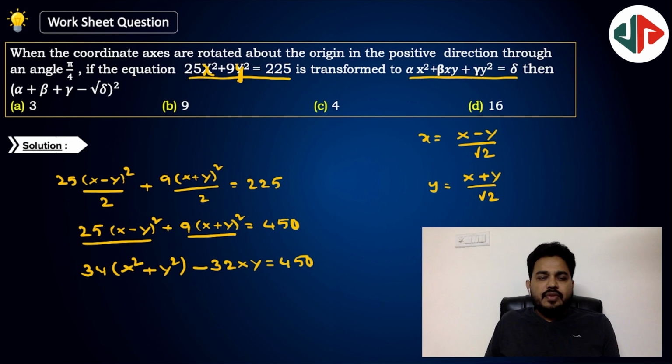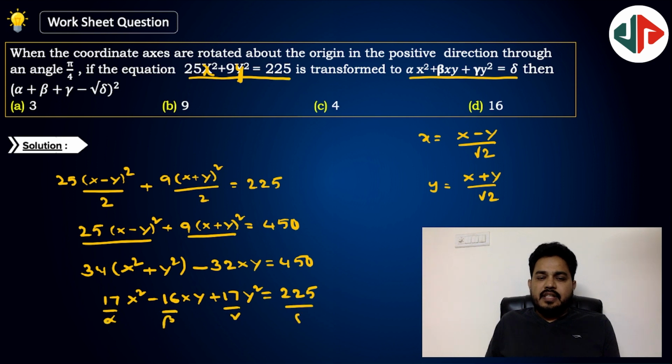Okay. So it is equal to 17x square minus 16xy plus 17y square is equal to, when I cancel with this one, 225. So this is alpha, this is beta, this is gamma, this is delta.